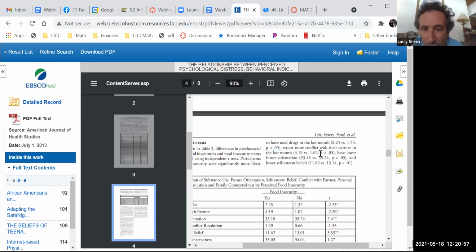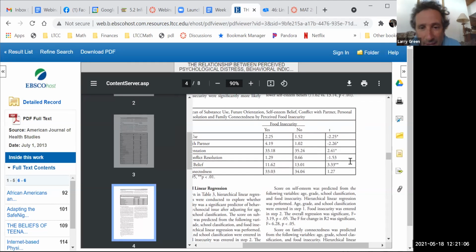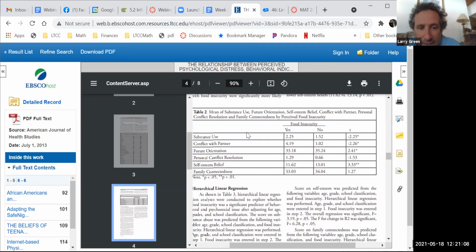Then they do more with more p less than 0.05, and more p less than 0.05. Then in the table for substance use, they give you a t of negative 2.25. Remember Student's t distribution, that's that value. And then the p-value is going to be the probability of being less than that value.